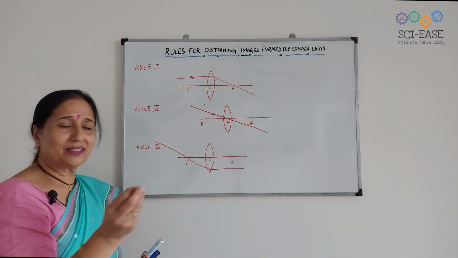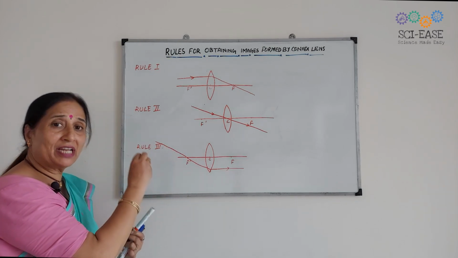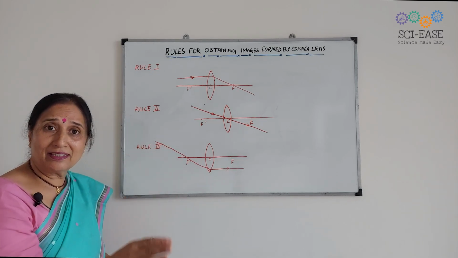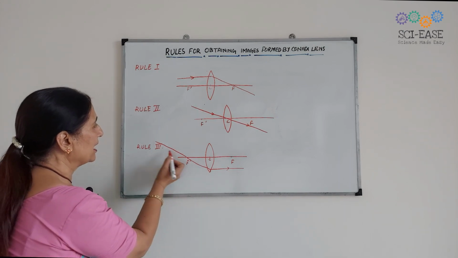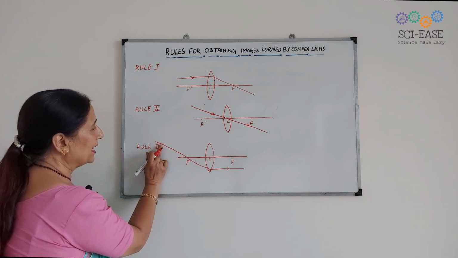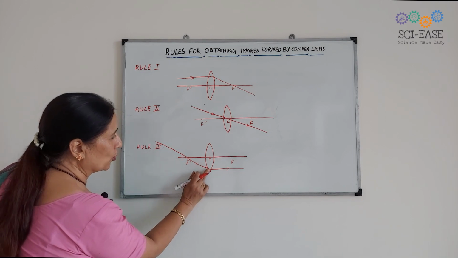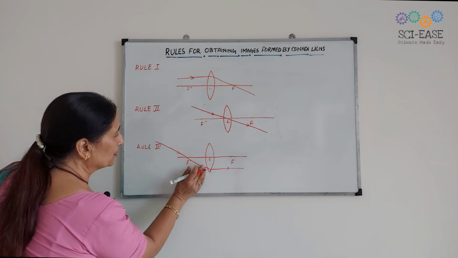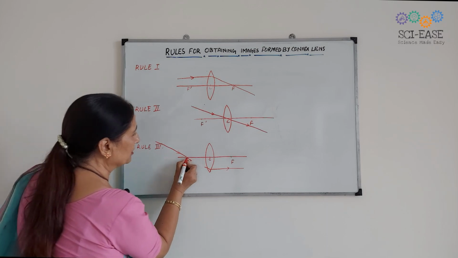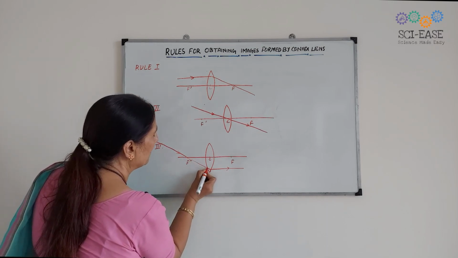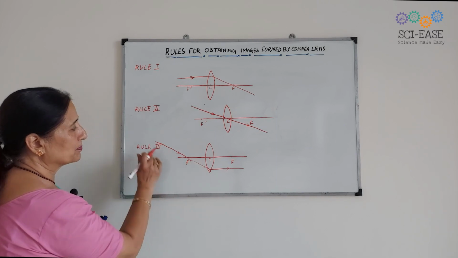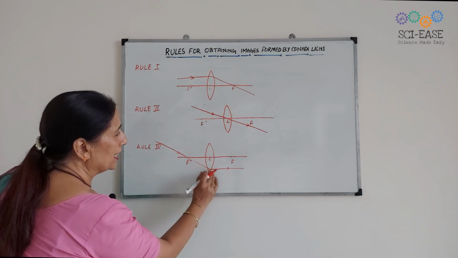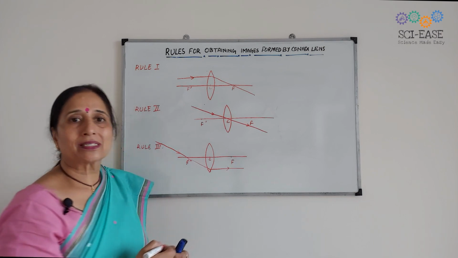The rules are the same as we have done in the case of convex and concave mirrors. Here also it is the same rule, that when the ray passes through the principal focus, it should be straight. The line you should draw with a scale. When it passes through F dash, the principal focus, it will become parallel to the principal axis.